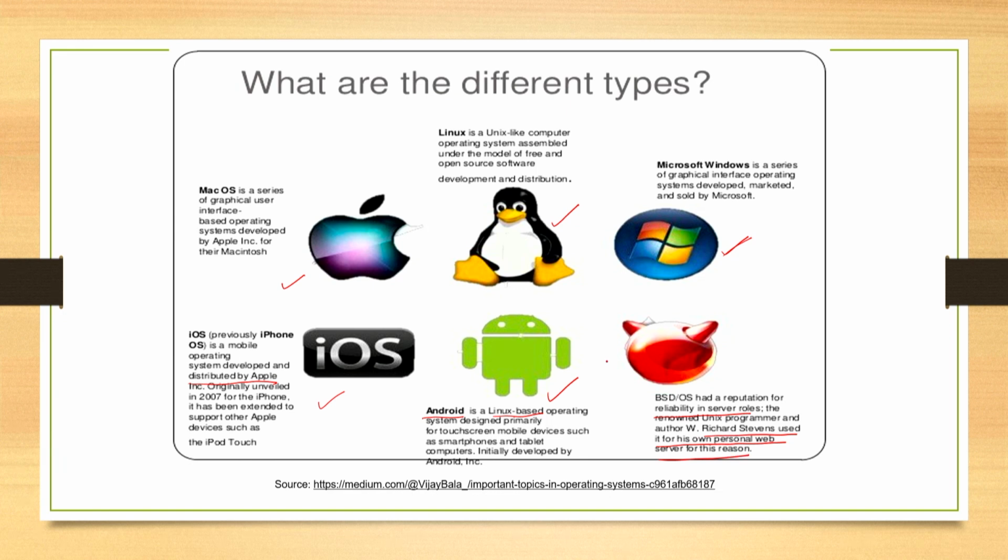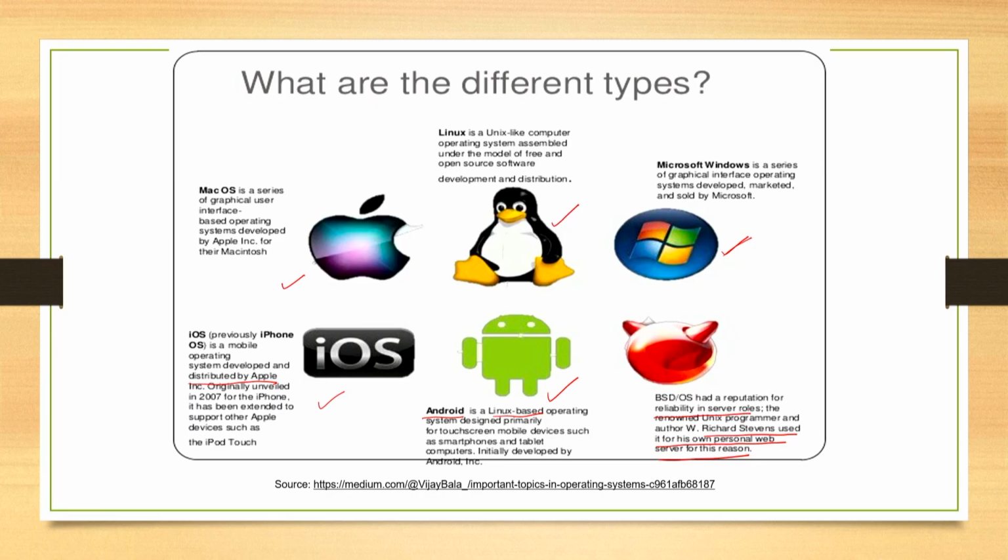So these are the various types of operating systems. Whether it's Unix, Linux, Windows or Mac, they all have to do all these jobs that I've discussed. They have to do process management, memory management, device management, file management, and provide security.